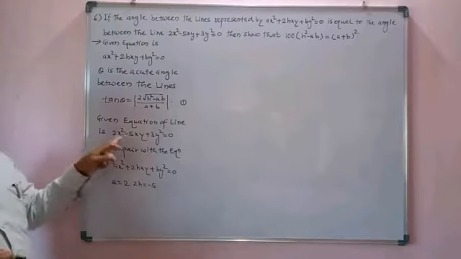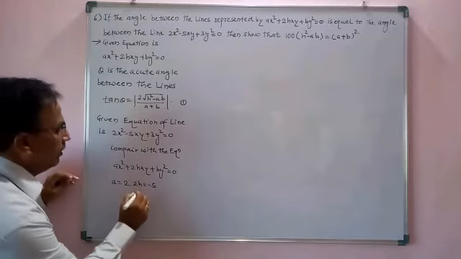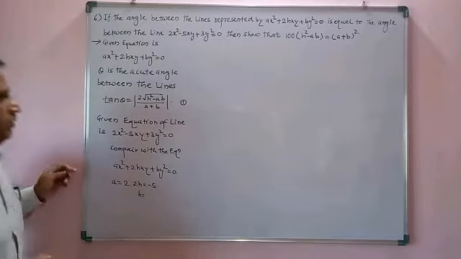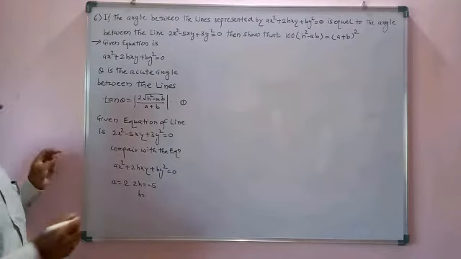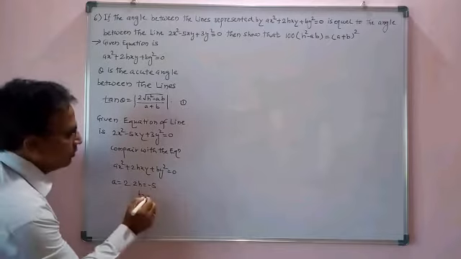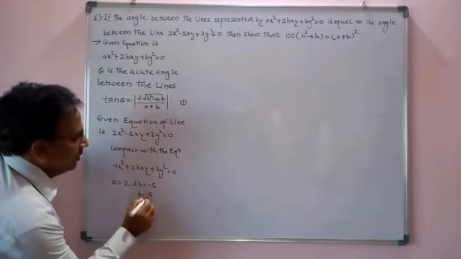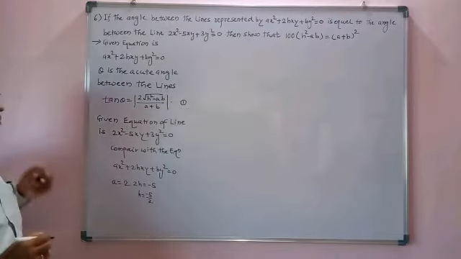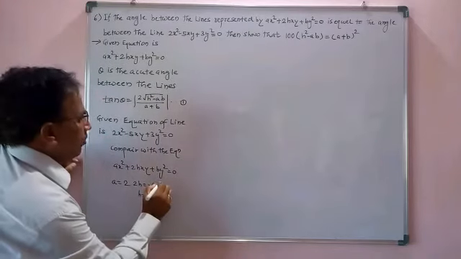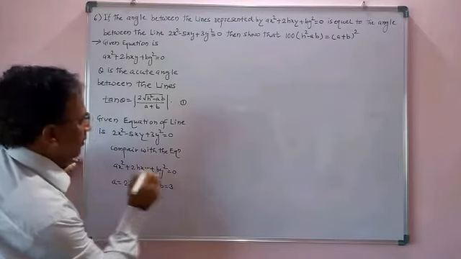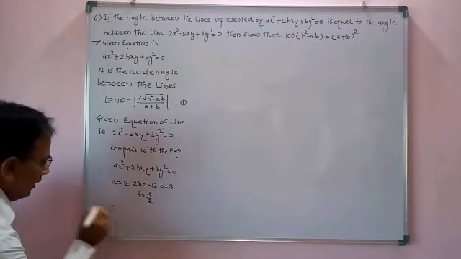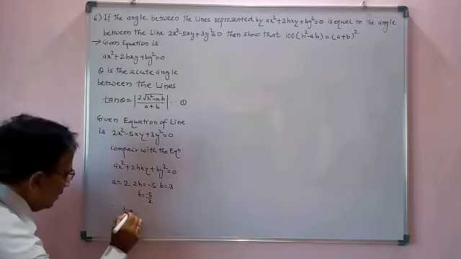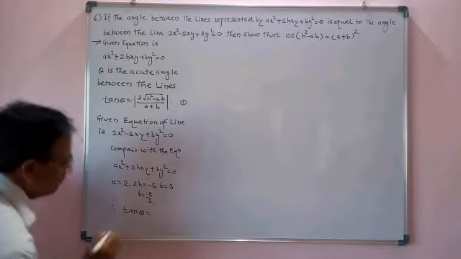The coefficient of xy is −5, therefore 2h = −5, so h = −5/2. The coefficient of y² gives b = 3.